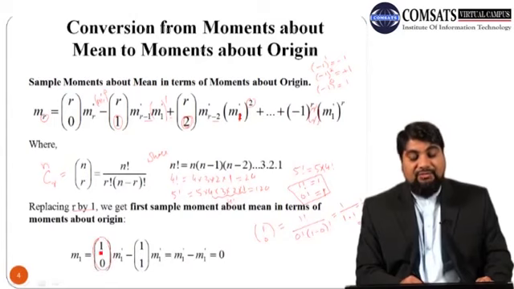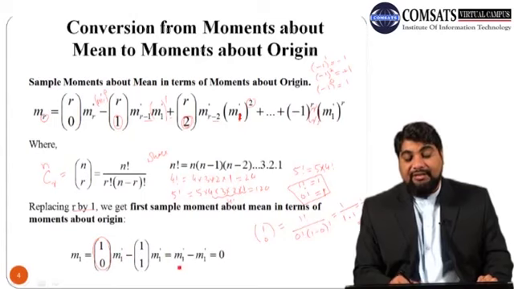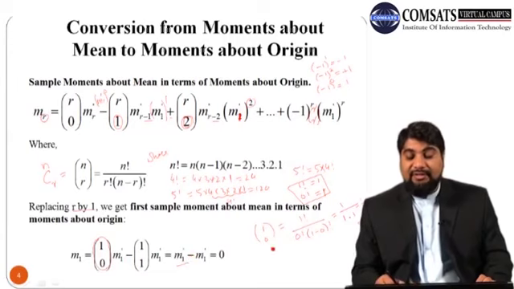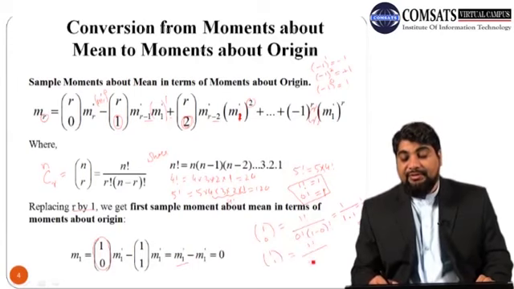Replacing this full expression by 1, 1 multiplied with m1 dash, we get this m1 dash here. And then put negative sign as it is, 1C1. In order to calculate this 1C1, again use the same formula. It will be 1 factorial over 1 factorial, 1 minus 1 whole factorial.